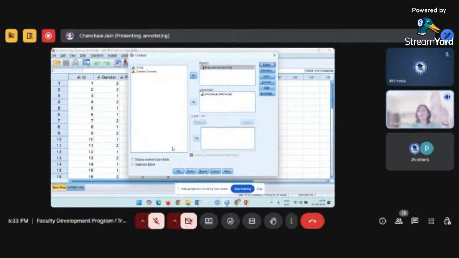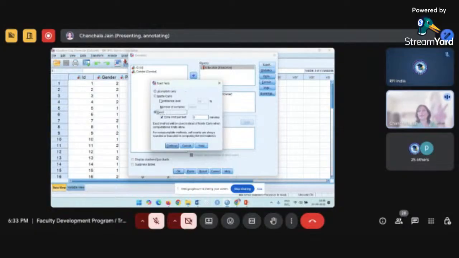In both the variables, I'm not having only two categories. Out of these two variables, the education variable is having 3 categories that you can check in the variable. So when the table is not 2 by 2, you need to perform the exact, or you want to get the Fisher's exact test. If you wish, you will need to go to the exact and click on this exact. Is it clear?